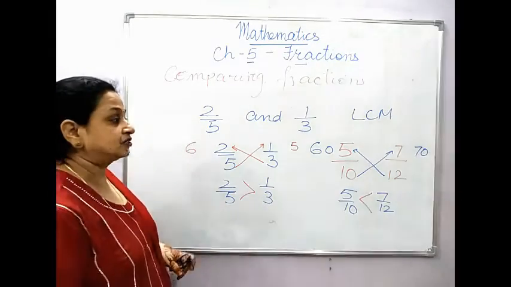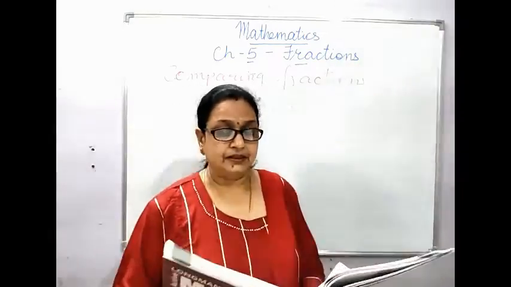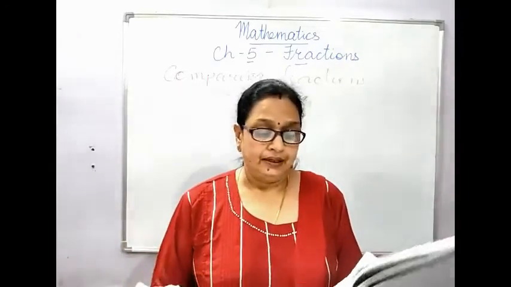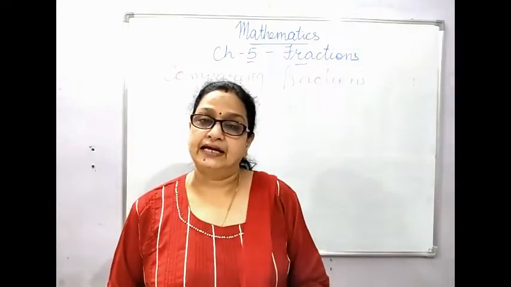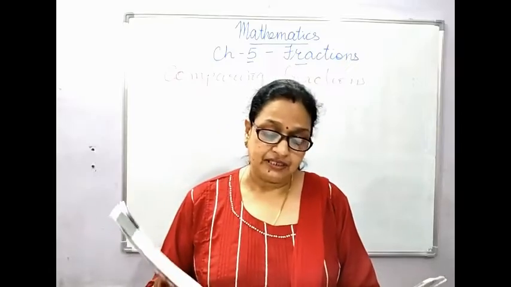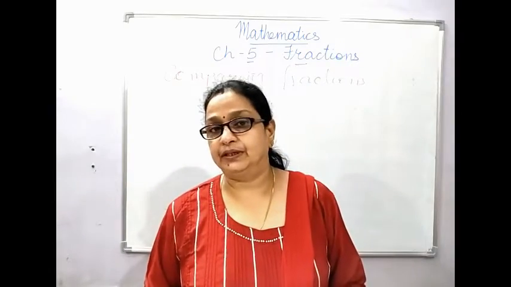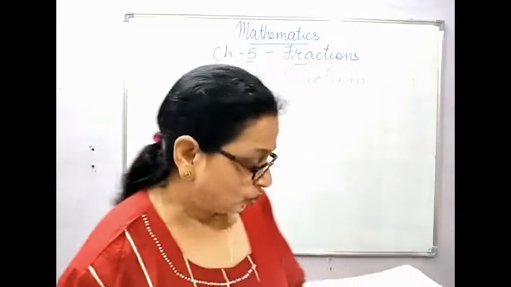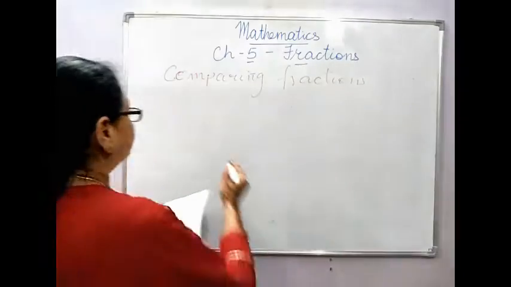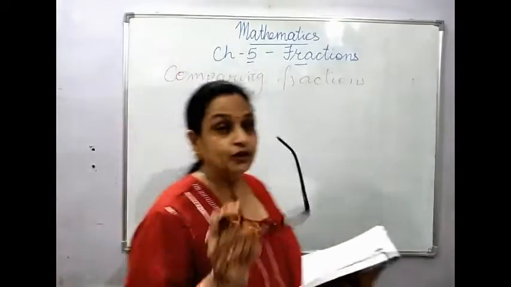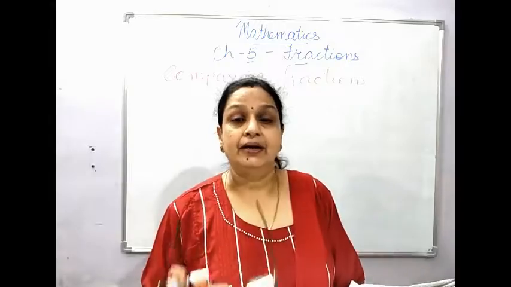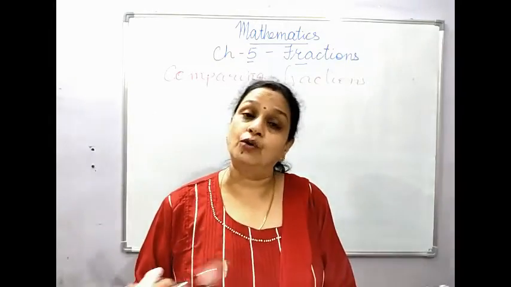Now we move on to the next topic. That is, now you know how to compare, now arrange the fractions in ascending as well as descending order. I will take the same example which is given in the book. In this sum, when there are two fractions you can easily compare. But when there are a number of fractions, how will you compare?